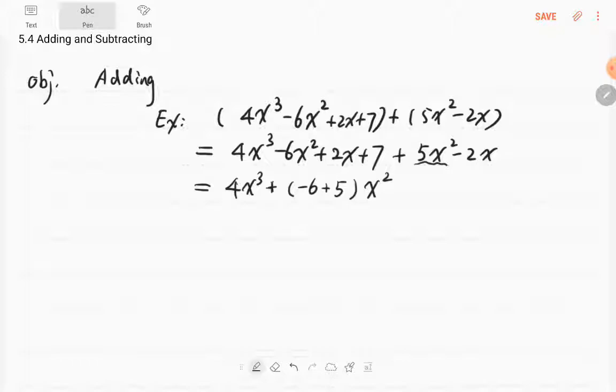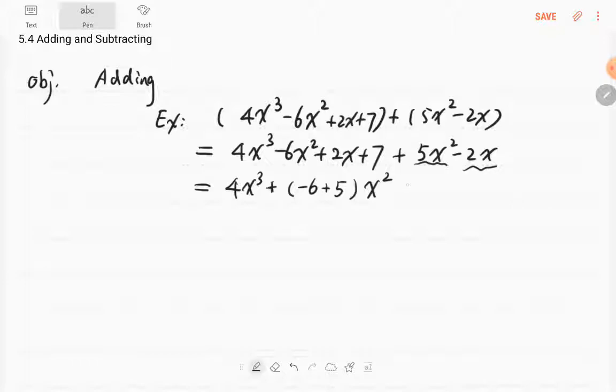Okay, the next term, we have x term. And we realize we also have this x term, right? But here we realize it's just 2x and this is -2x. So we actually will get nothing, right? We will cancel out 2x plus -2x.